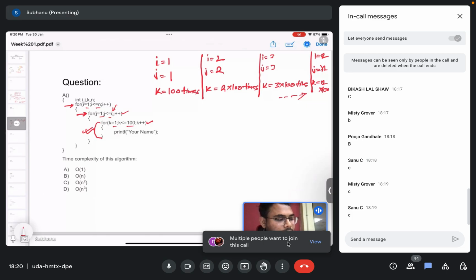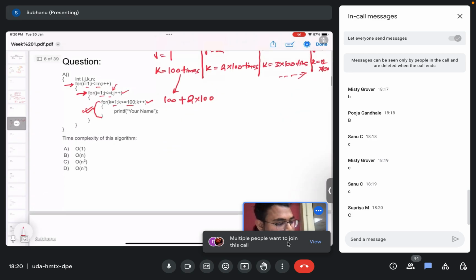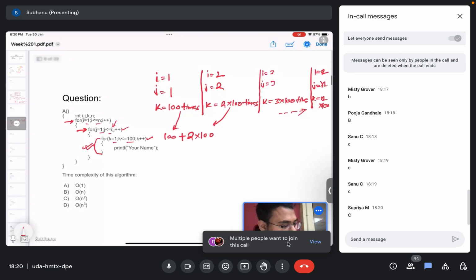So how many times will it run? First it will run 100 times for i equal to 1, then 2 into 100 times for i equal to 2, then 3 into 100 times. Like this, it will run up to n into 100 times.